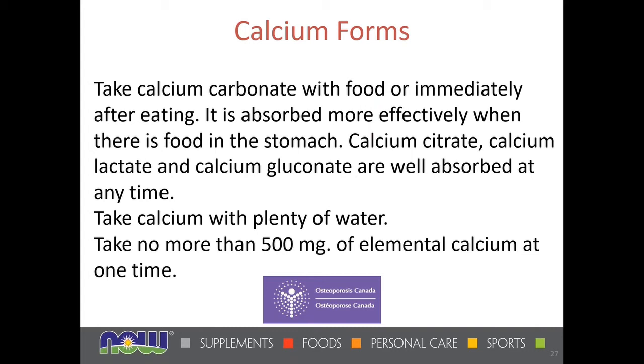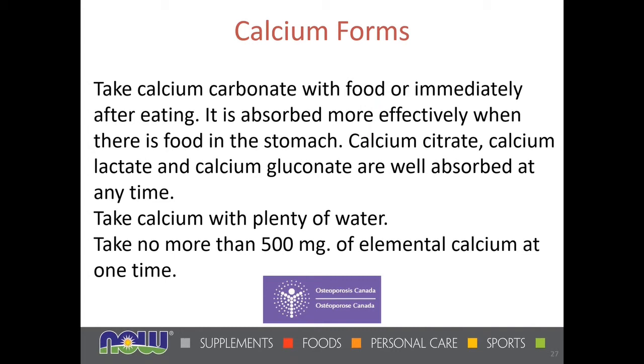Well, the calcium is always called out separately from the compound. So if you see something where 2 or 3 or 4 pills give you 1,000 milligrams of calcium from calcium carbonate or calcium citrate, there's much more of the other material in there. As shown in that previous slide, calcium citrate is about 20% elemental calcium.